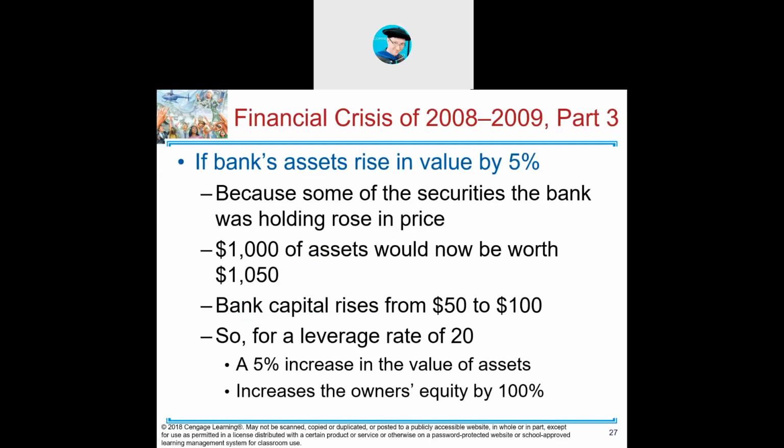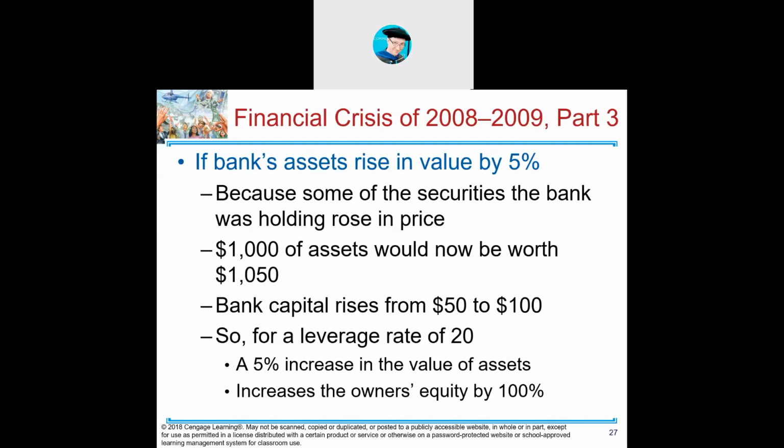So let's think about housing, 2008, 2009. If the bank's assets, meaning the securities, which are the mortgages that the bank lends out, bank asset is a mortgage that you took out.